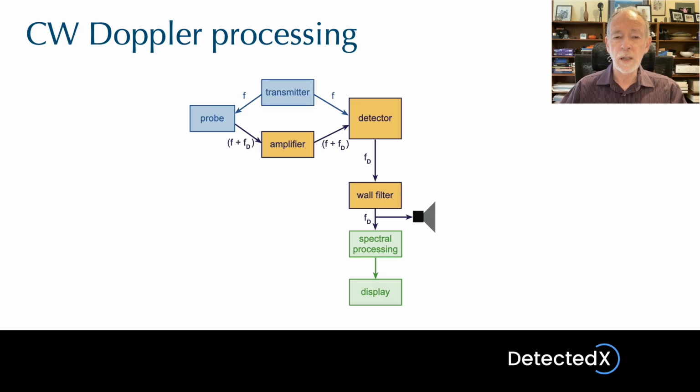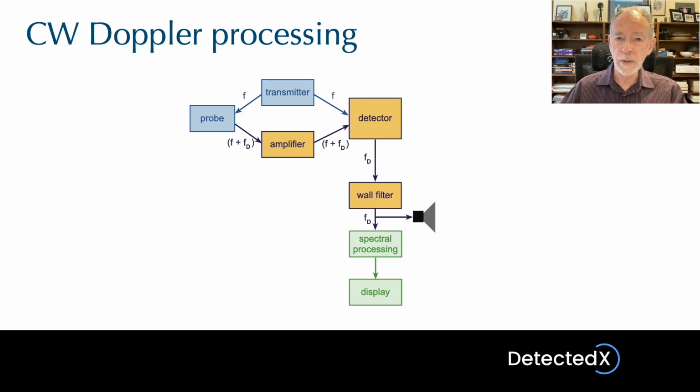So if we have an ultrasound frequency of 5 megahertz and a Doppler shift of 1 kilohertz, the output of the detector is simply the 1 kilohertz frequency. So the detector is actually putting out the audible frequency, the audio frequency Doppler shift signal.